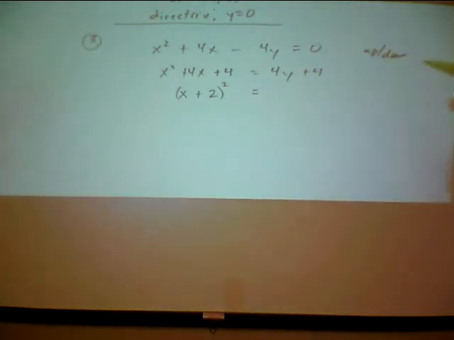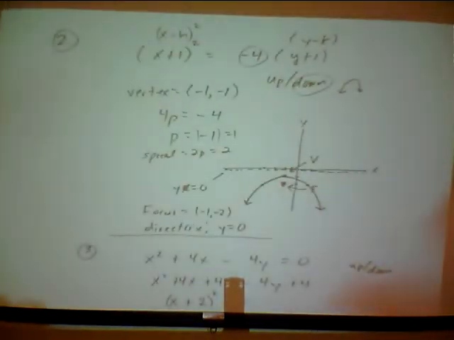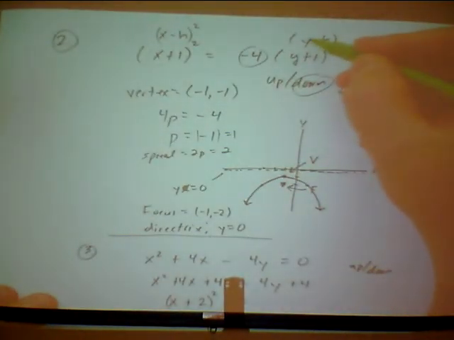Now on the right-hand side, you notice in the standard form, if I go look up here real quick, it's always y minus k. I can't have a coefficient in front of the y inside the parenthesis.